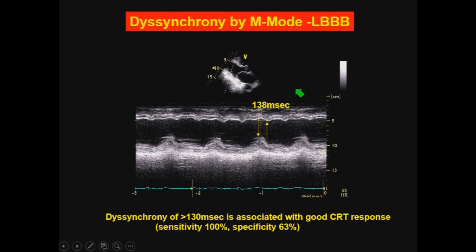And sometimes, if you look very carefully at the wall motion, you can make things that probably will save the health system some money. For example, what you can see by simple M-mode echocardiography is that the two walls are not synchronized.